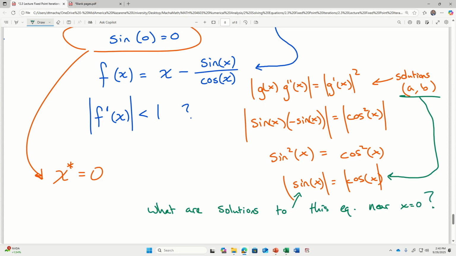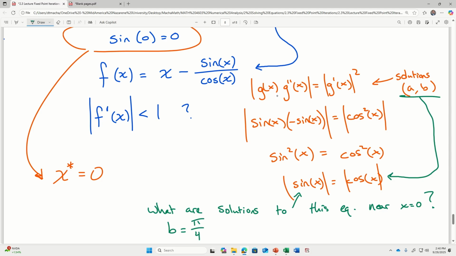When is sine equal to cosine? Or when is negative sine equal to cosine? Pi over 4. Yeah. At pi over 4, sine is equal to cosine, because they're both equal to square root 2 over 2.